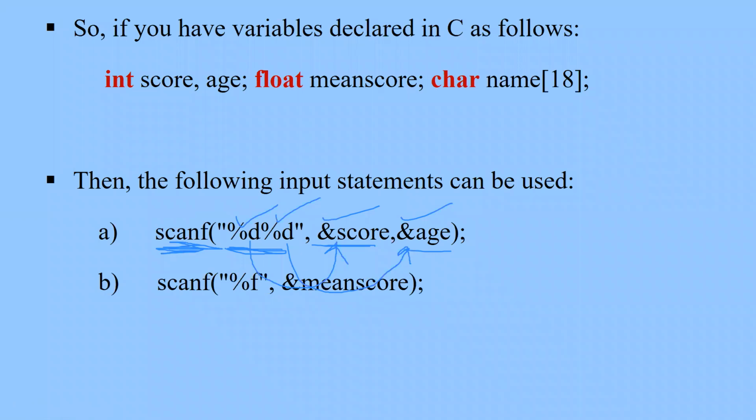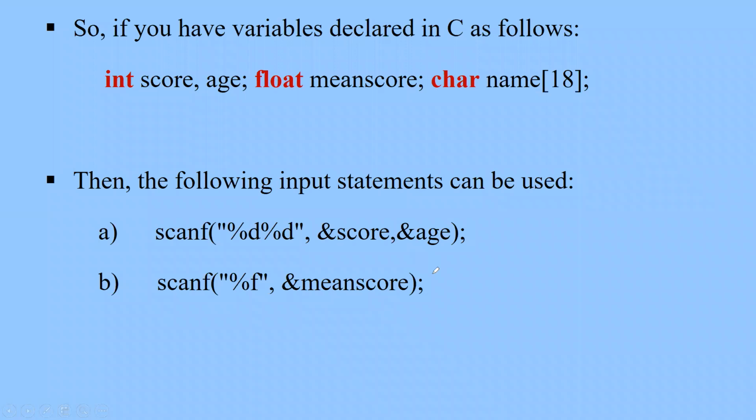Then for minscore, it is scanf, %f, the identifier for float, for a number with a decimal point. So scanf %f, memory address operator, minscore, you close the parentheses and the semicolon. Simply, this statement is interpreted as follows.